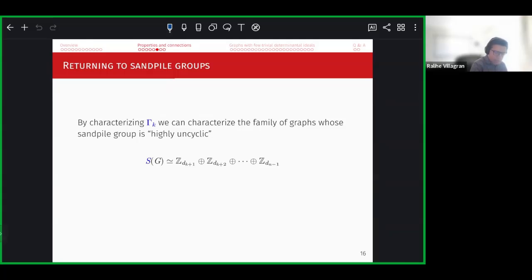What I mean is that if we have graphs in which the first determinantal ideal is trivial, as well as the next k minus 1 determinantal ideals, or in this case critical ideals, then we know that the first k invariant factors of the Smith normal form are equal to 1.